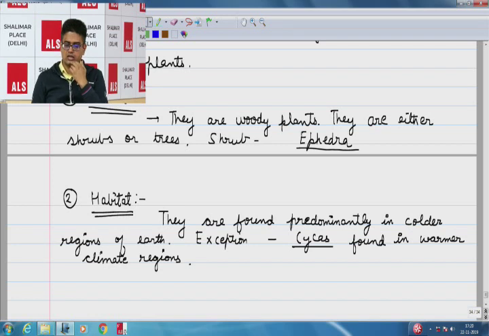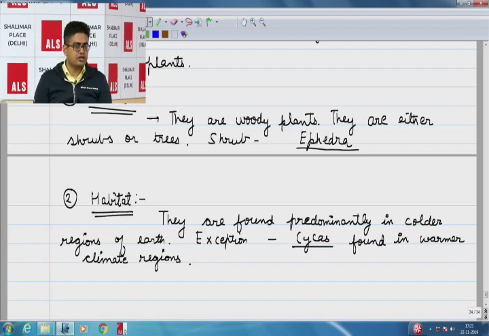Okay. And why are they found in colder climates only? Why do they not dominate the warm regions? Can anybody give me the answer? Can you guess? Actually, in warmer regions, they are replaced by angiosperms.